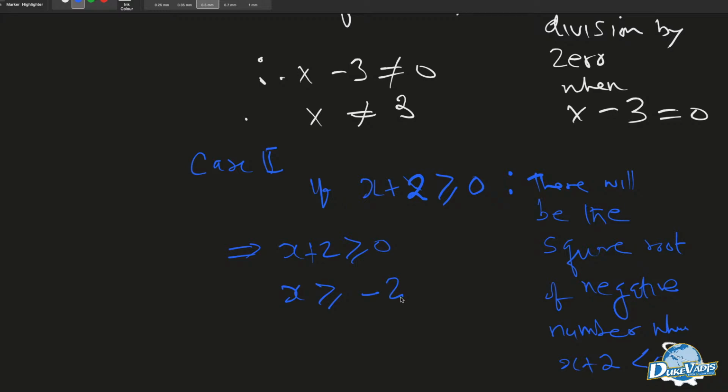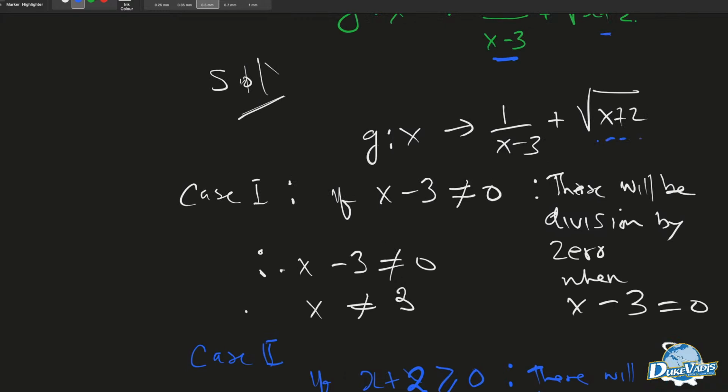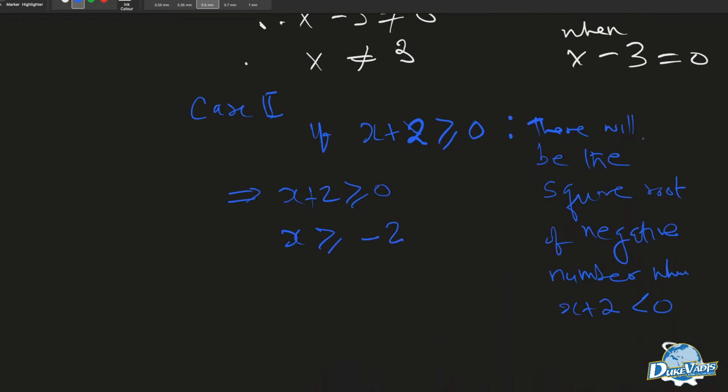If x is equal to negative 2, and we substitute that into the expression here, there will be a square root of 0. So therefore, the possible domain is given as x greater or equal to negative 2 and x not equal to 3.